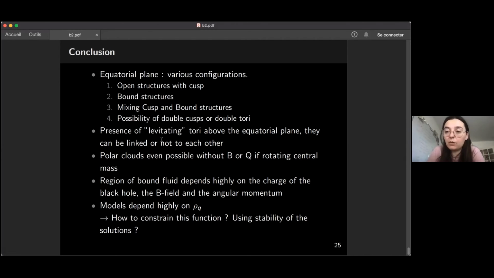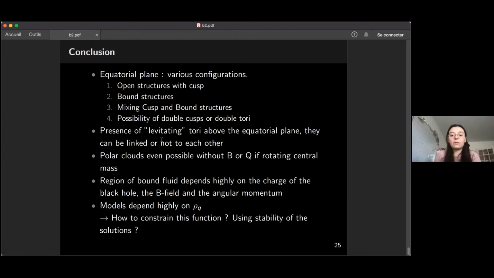But if you include the rotation of the central mass, it is possible now to have them again. Meaning, if you put B equal to 0, but you have Q and A, you can have this solution. And if you put Q equal to 0 and you put B and A together, you can have the solution again. So it means that at some point, the rotation can replace the magnetic field or the charge of the central mass.